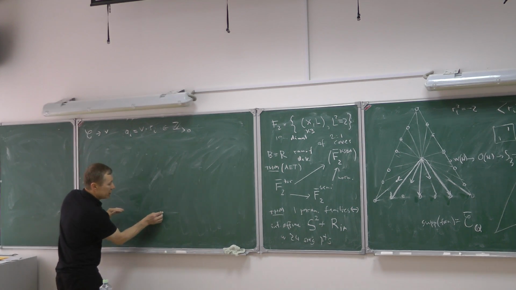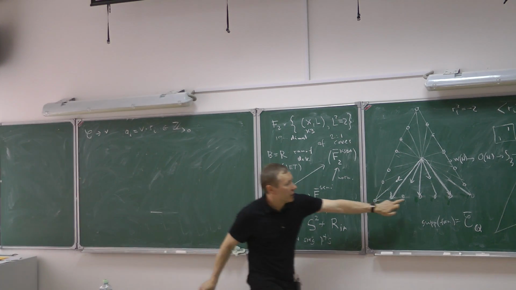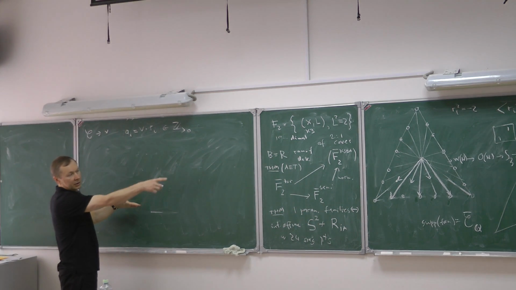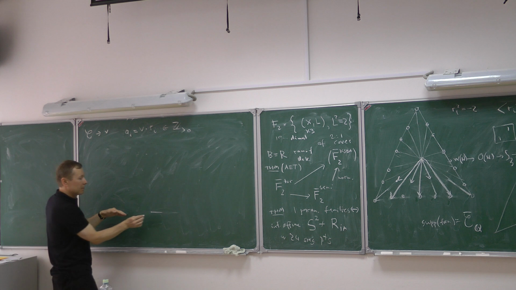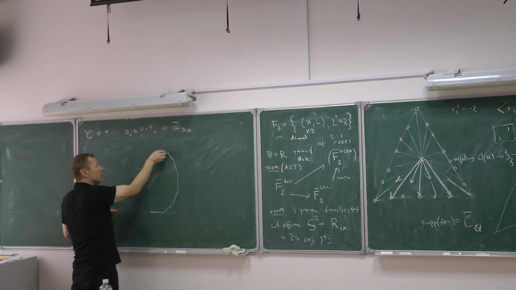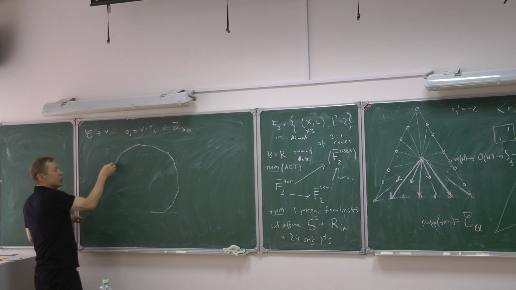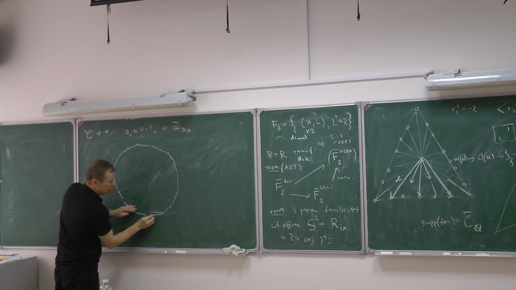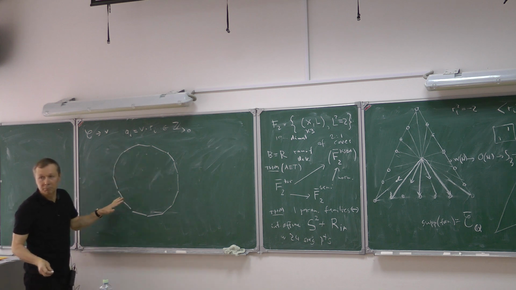So for this ray, there will be a side such that this ray is the perpendicular, and then so there is the 18-gon. Okay, there will be an 18-gon like this.